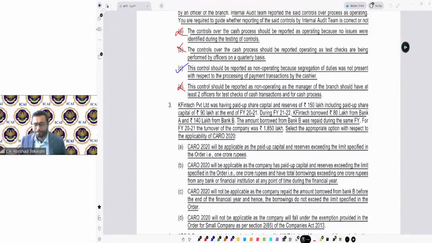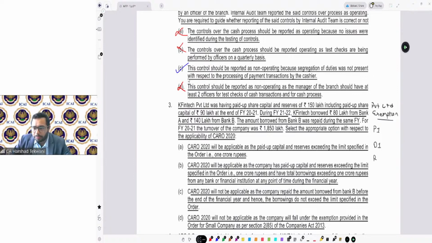Let us see. There is an exemption provided to private limited companies, where CARO 2020 is not applicable. The private limited exemption talks about three things: P1, B1, and R10.